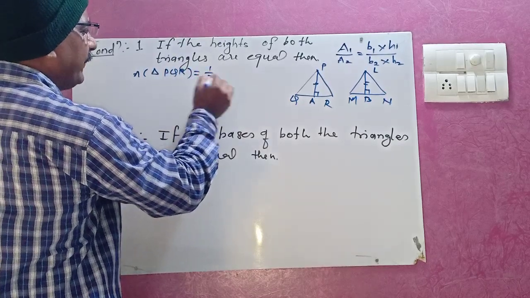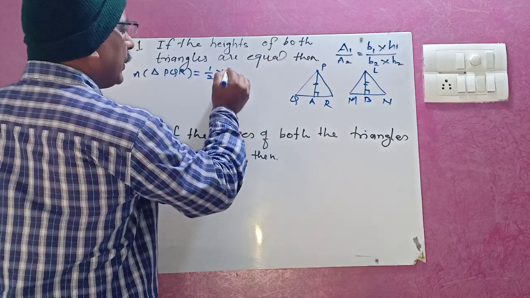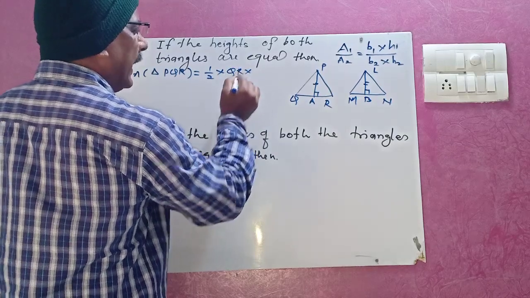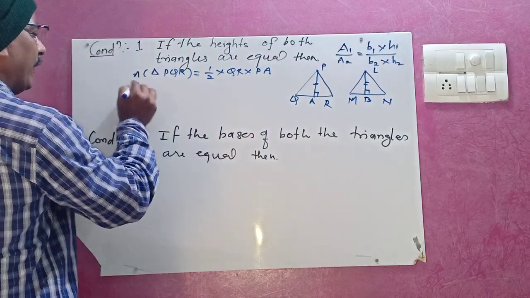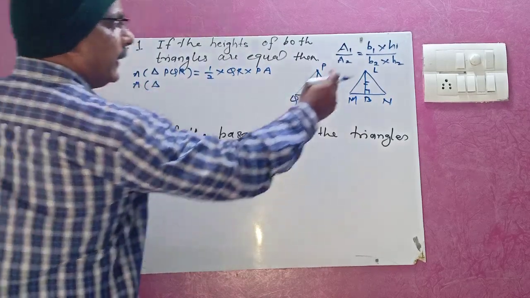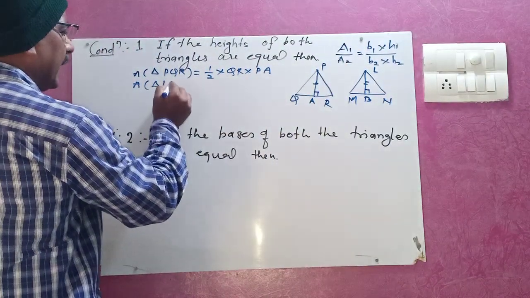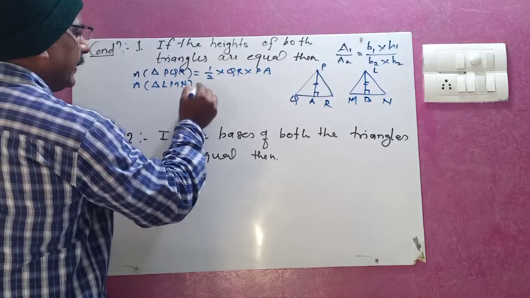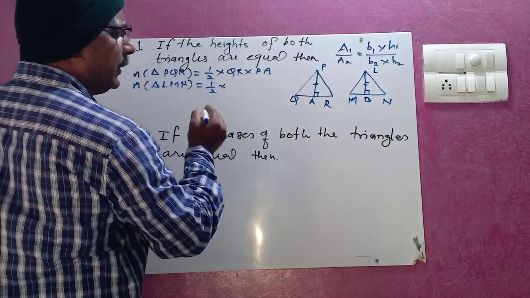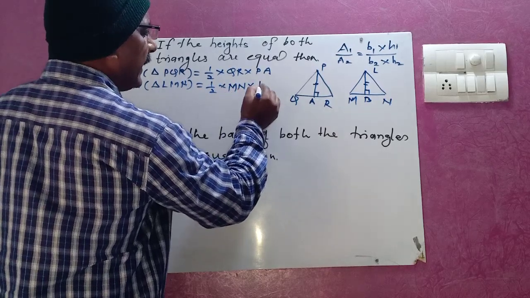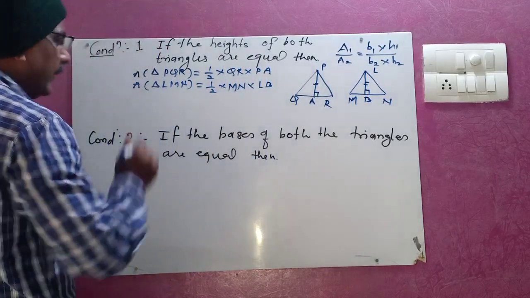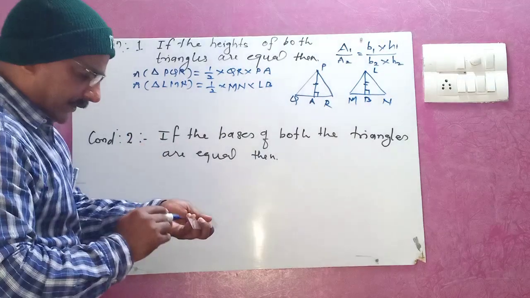It is half into base QR into height PA. Similarly, area of triangle LMN. Here also it is half into base MN and height LB. Find the ratio of the areas of these two triangles.